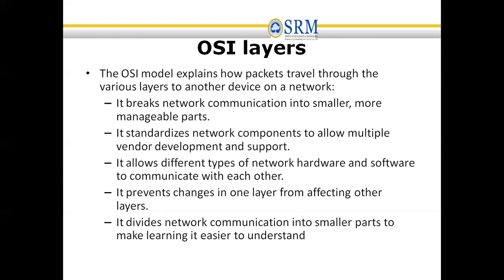It prevents changes in one layer from affecting other layers. It divides network communication into smaller parts to make it easier to learn and understand. There are around 7 layers in the OSI model, and all these 7 are involved in the communication between devices in a network.